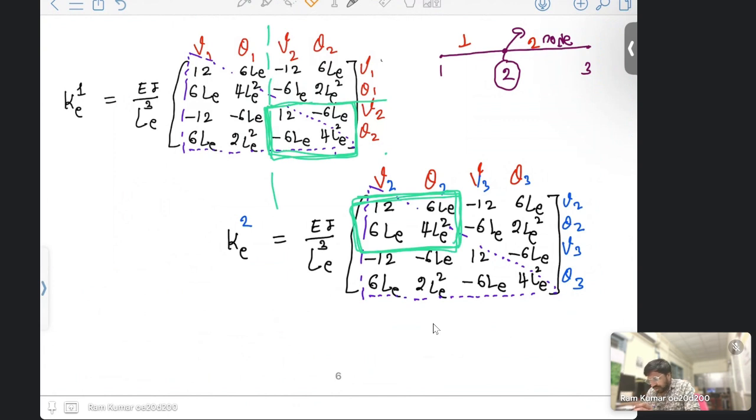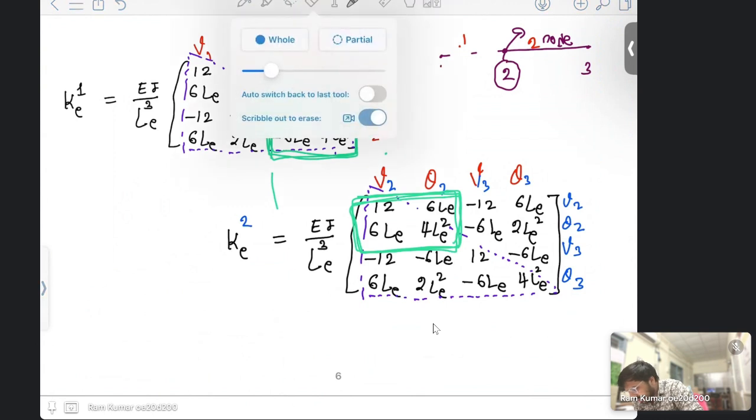So what will be our final global matrix?